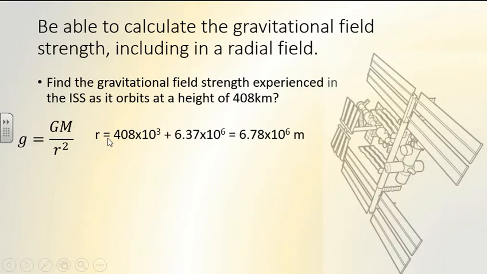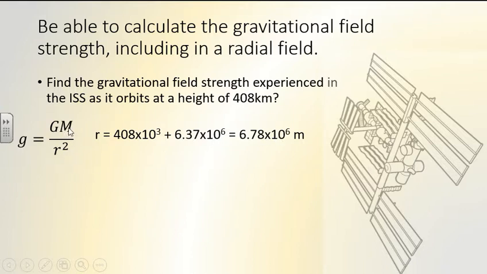First of all, the radius of the orbit is not just 408 kilometers. You also have to add on the radius of the Earth to give r equal to 6.78 times 10 to the 6 meters. That's the only complication here. That then substitutes into here.